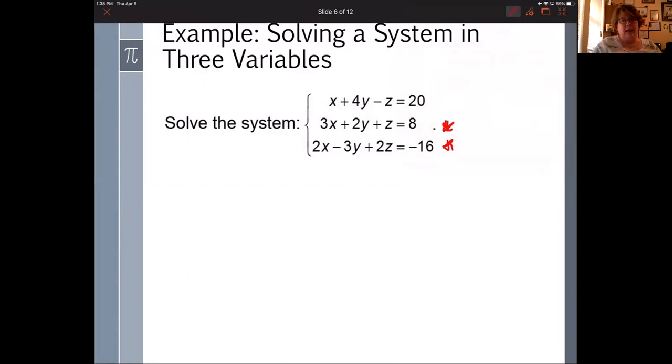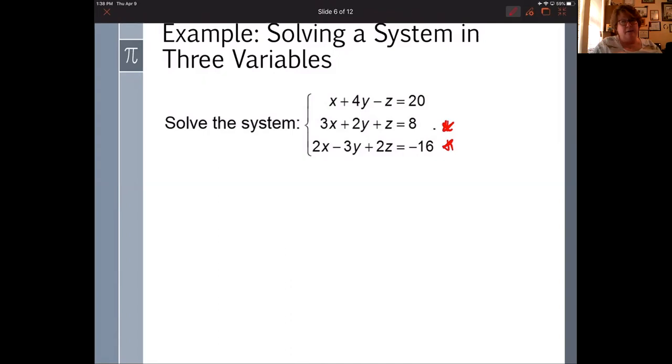So pick any two equations and eliminate one of the variables. Then pick any of the other two equations and eliminate the same variable from those two equations. Then you are going to have a system of linear equations in two variables.